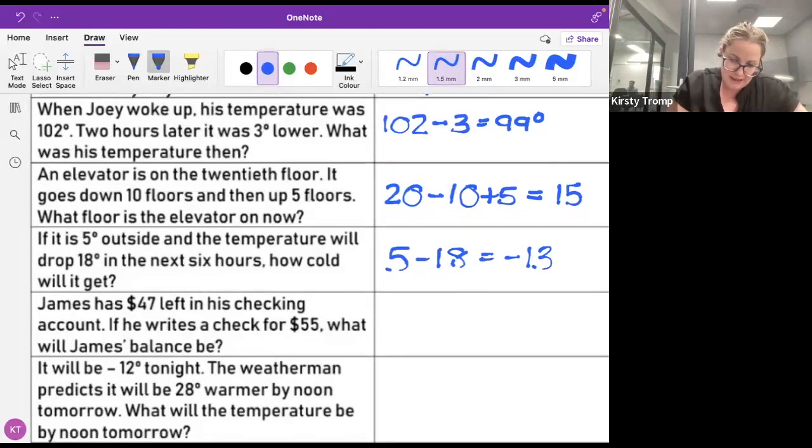Okay, so if you wake up and your temperature is 102, and then 2 hours later, it's going to be 3 degrees lower. What happens when your temperature is lower, Christina? Are you going to add to it or are you going to subtract from it? You're going to subtract from it, but what I'm confused with is why don't you add the 2 hours? Because that's what I thought we had to do.